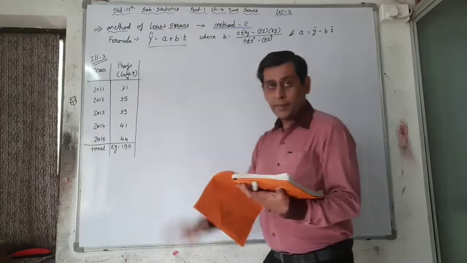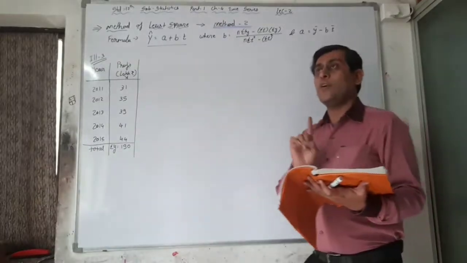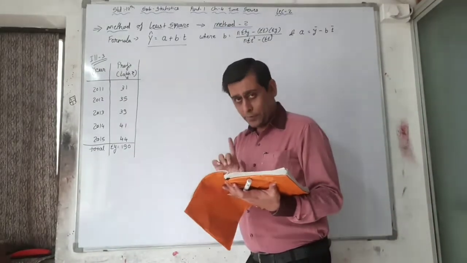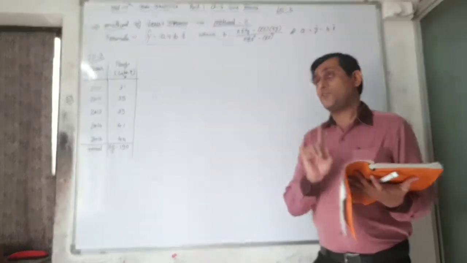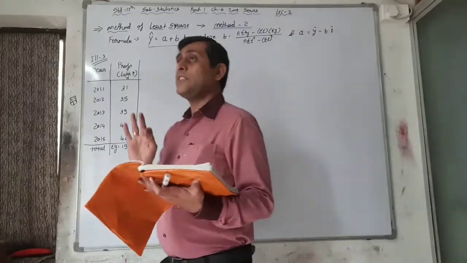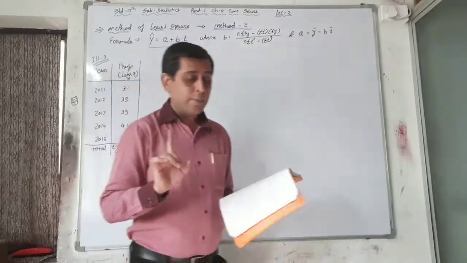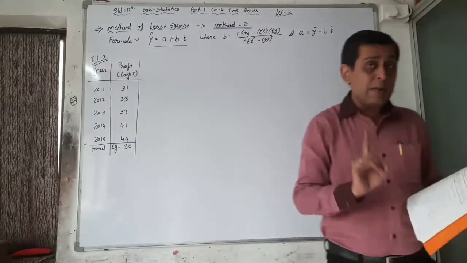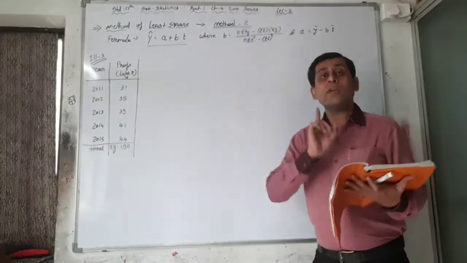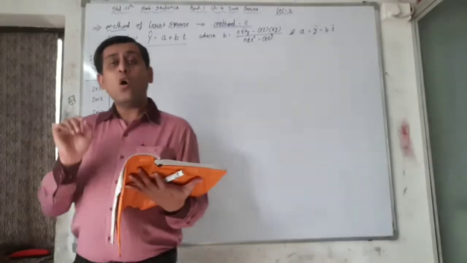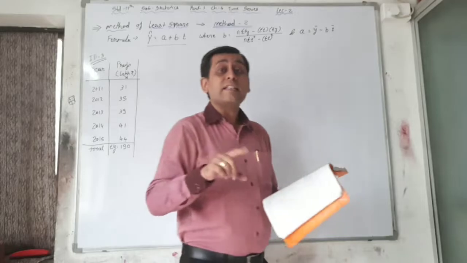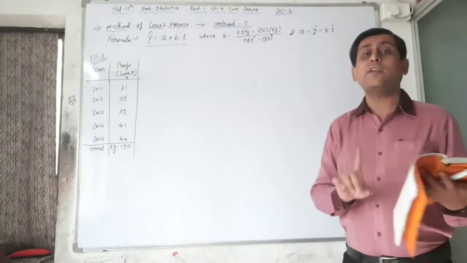It is Y. Here only one variable is given, because in chapter number 4 time is always fixed. In chapter number 4 the independent variable, time, is always fixed. That's why it is not given, only the dependent variable Y is given.